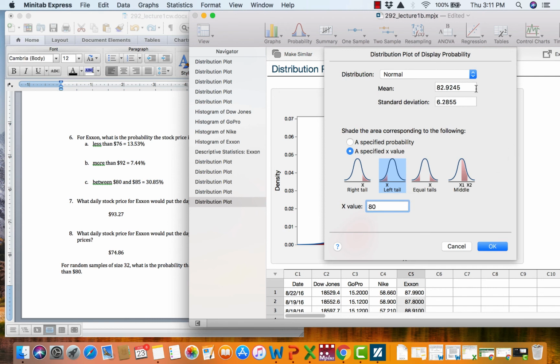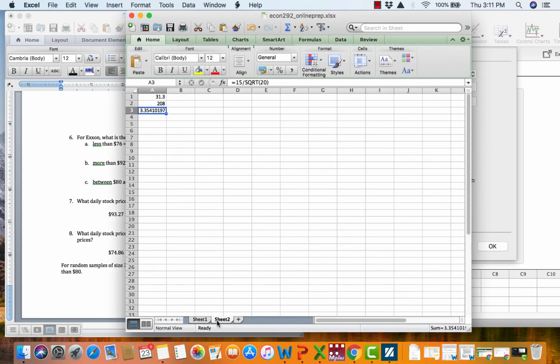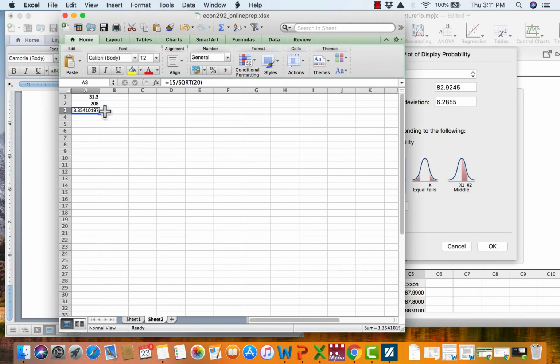But what's the problem here? Our standard deviation has changed because of the central limit theorem. It's no longer 6.2855, it's now 6.2855 divided by the square root of 32. So we want to go over to Excel or grab our calculator, and we're going to say equals 6.2855 divided by the square root of 32.